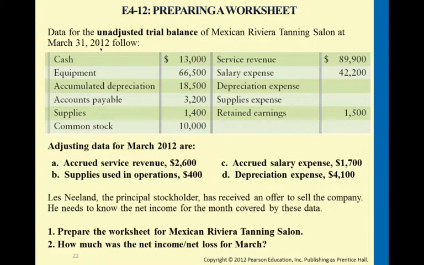The second entry here, supplies used in operations. So meaning that $400 worth of supplies has already been used up. It's no longer there. So originally we have a balance of $1,400, and now we used up $400. This turns into supplies expense. Notice this problem is telling you the part that's used up, not the remaining balance.